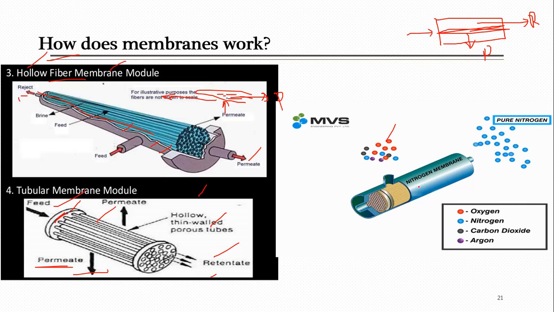The others which didn't pass through the membrane enter from one end and leave on the other end. They are the retentate, and those which cross the membrane and go to the side are called permeate.